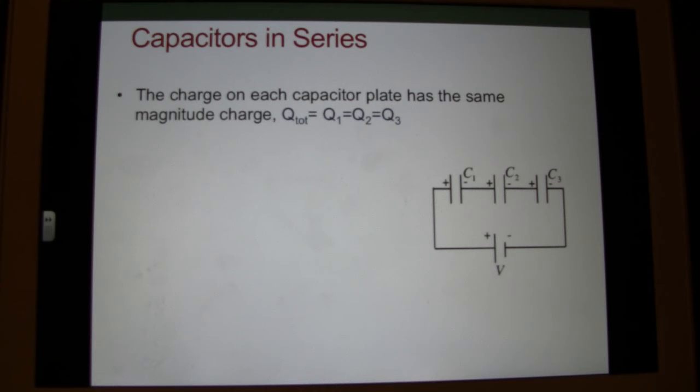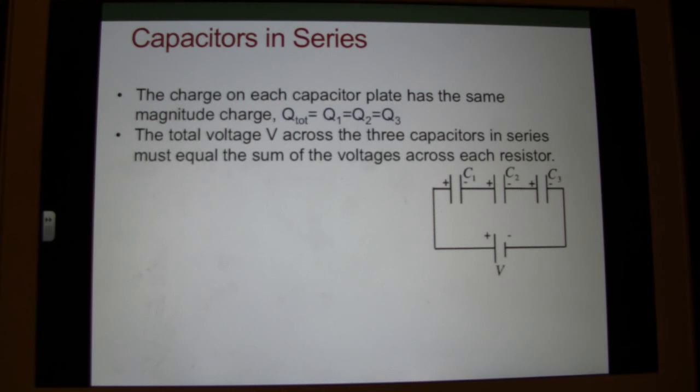Also, due to conservation of energy, the total voltage of the battery is equal to the sum of the voltages across each capacitor, or V total is equal to V1 plus V2 plus V3.